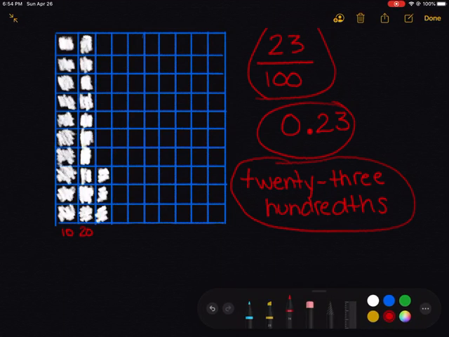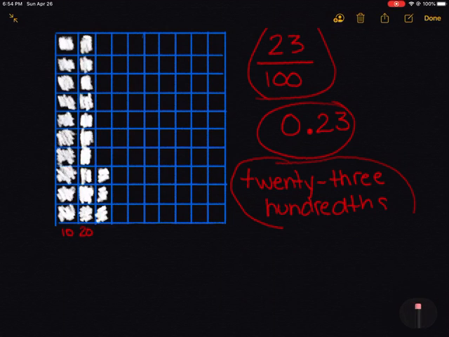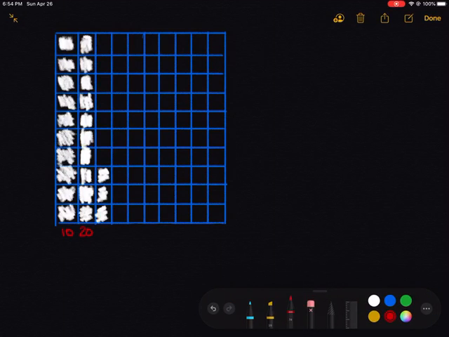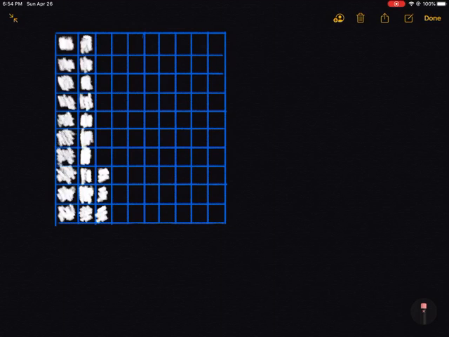Now, if we have 23, I'm just going to go ahead and erase this. All right, so if we have 23 hundredths, how many tenths do we have? And when I say how many tenths do we have, what I want to know is how many full tenths are shaded in. Well, we can look here and we can draw a line.